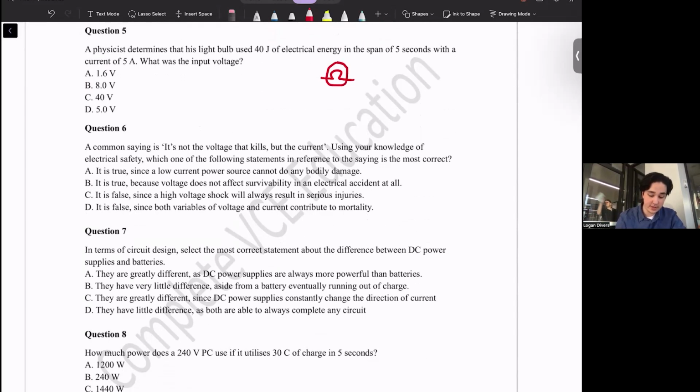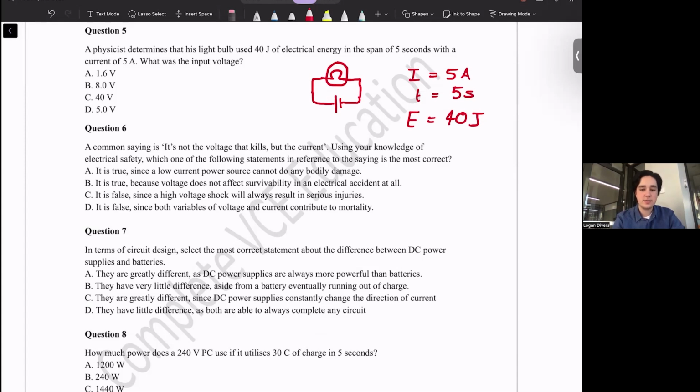We have some power source here. Don't really know what else is in the circuit because they didn't tell us. What we do know is that the current was 5 amps, the time was 5 seconds, and the energy used was 40 joules.